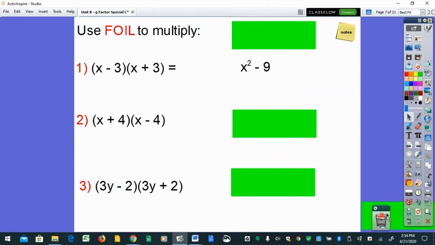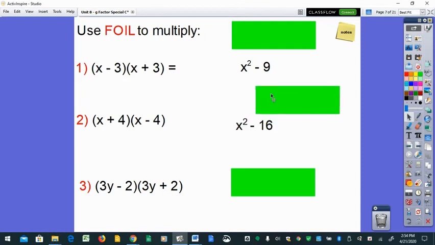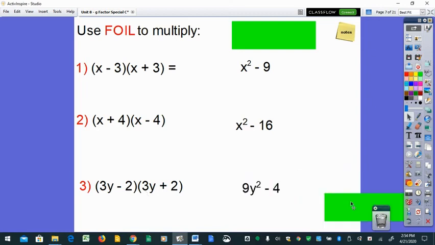So you might remember that anytime they're not identical twins, they're twins but off by a sign, you end up losing the OI, the middle term. 3x times 3y, and negative 2 times 2, and you get a positive 6y and a negative 6y, and they combine and fall out.